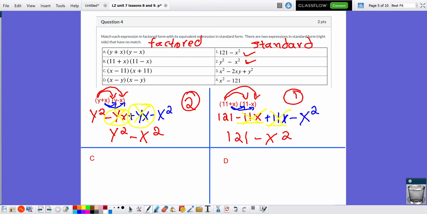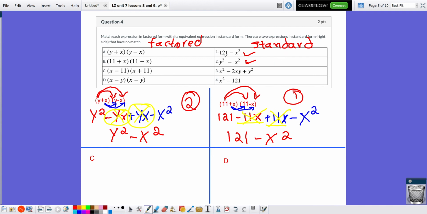So I know that this one I could have figured out that 11 times 11 is 121, and I needed positive 121, and I needed one negative x and one positive x.